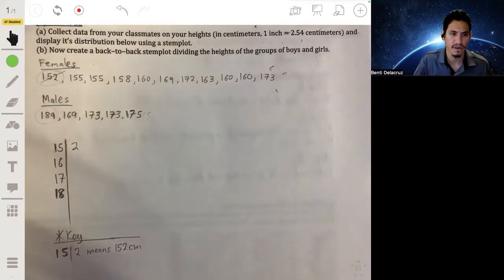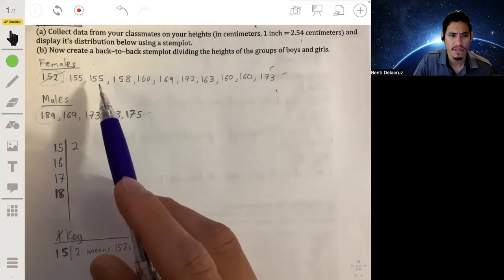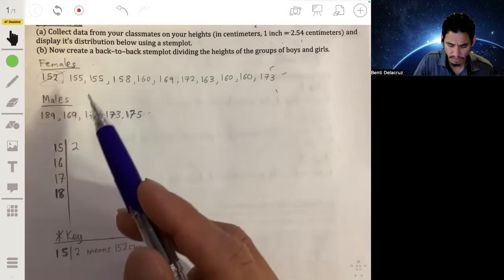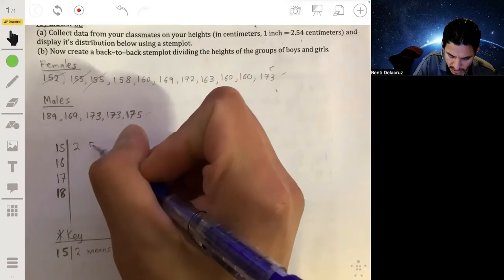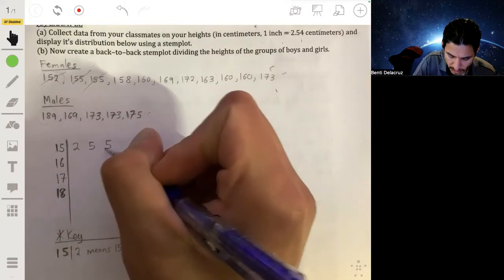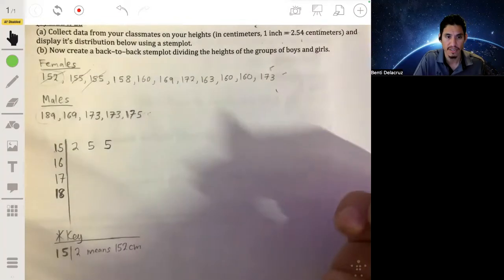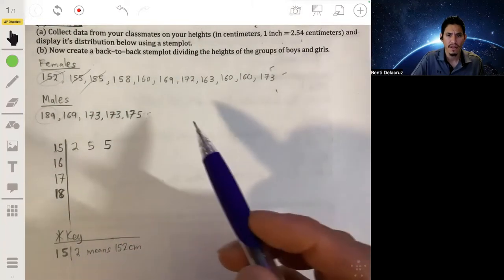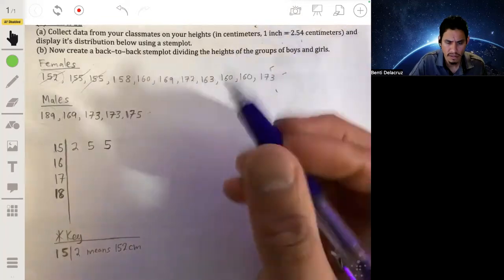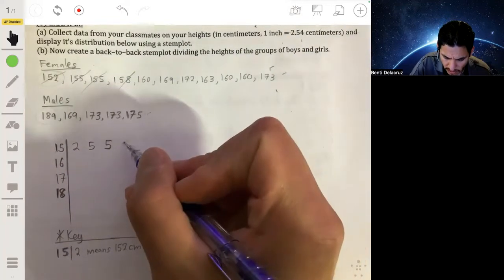Now I'll go in increasing order. The next 2 highest are 155s, so I put 2 5s in a row like this. Leave a little space. Don't put any commas or anything. Just leave a little space and make sure it's all uniform. Then I go to 158. I put the 8 to represent 158.